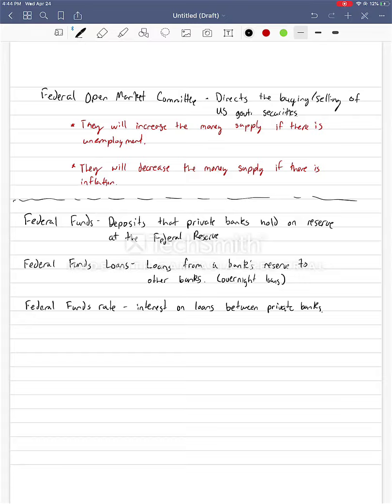All right. So once again, since the Fed is a bank for banks, let's look at how the relationship between the Fed and commercial banks is analogous to the relationship between banks and households and firms. Last week we looked at the relationship between households and firms and commercial banks.